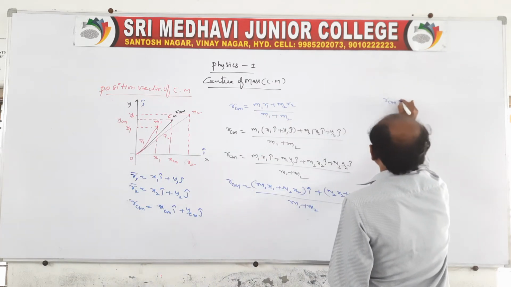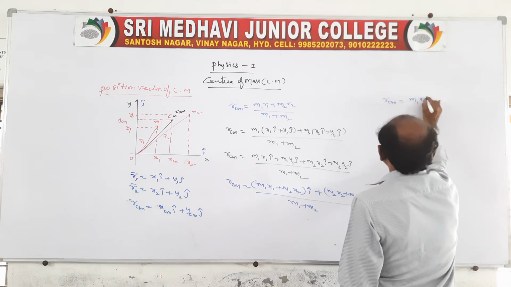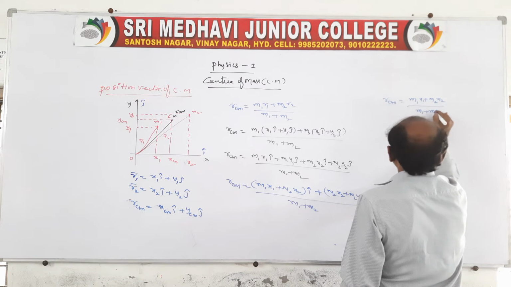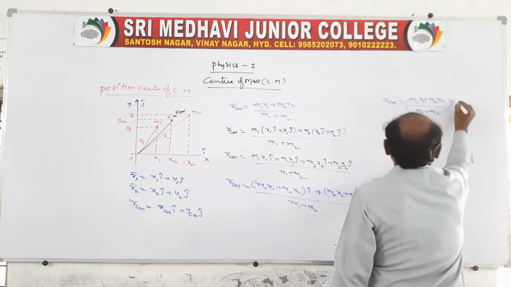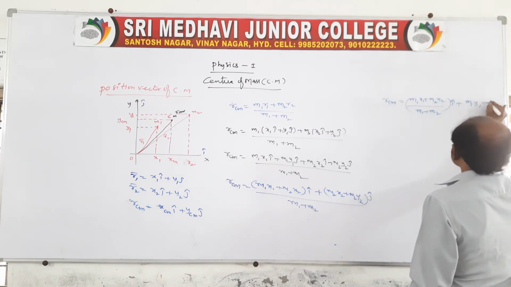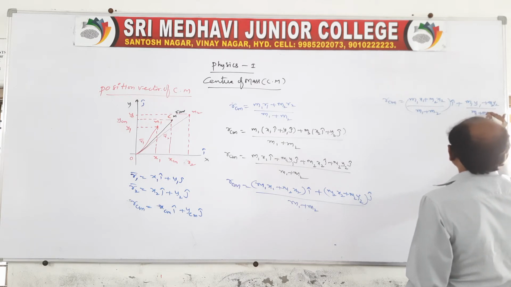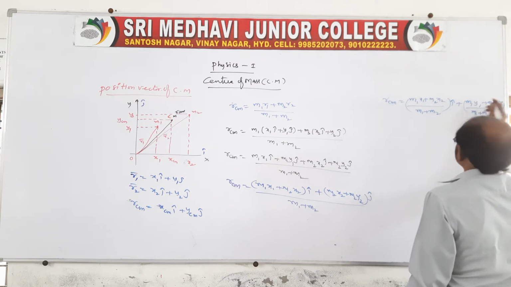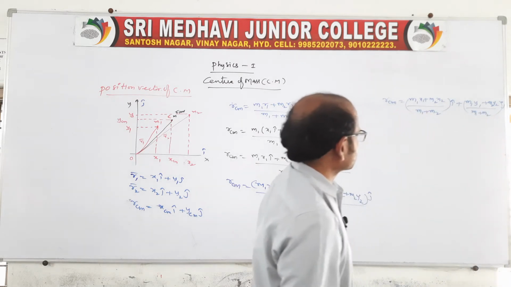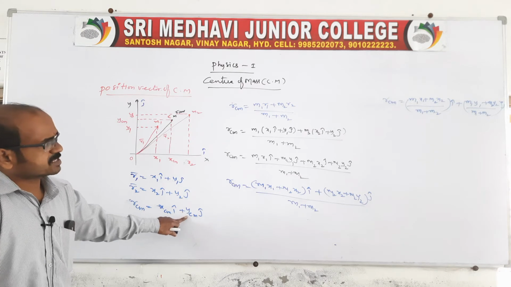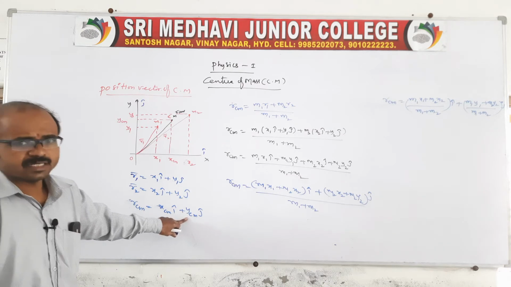Therefore RCM is equal to m1 x1 plus m2 x2 by m1 plus m2 i cap plus m1 y1 plus m2 y2 by m1 plus m2 j cap. Of course we know m1 x1 plus m2 x2 by m1 plus m2 is nothing but xcm, and m1 y1 plus m2 y2 by m1 plus m2 is nothing but ycm.